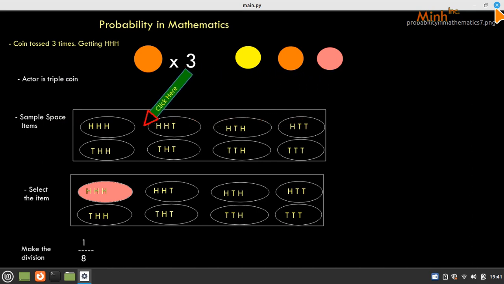A coin is flipped 3 times, but it is creating, as per the actor, 8 items. These are items, and in items we can see head, head, head, head, head, tail, like that. And it is as good as these 3 coins are tossed in various combinations.